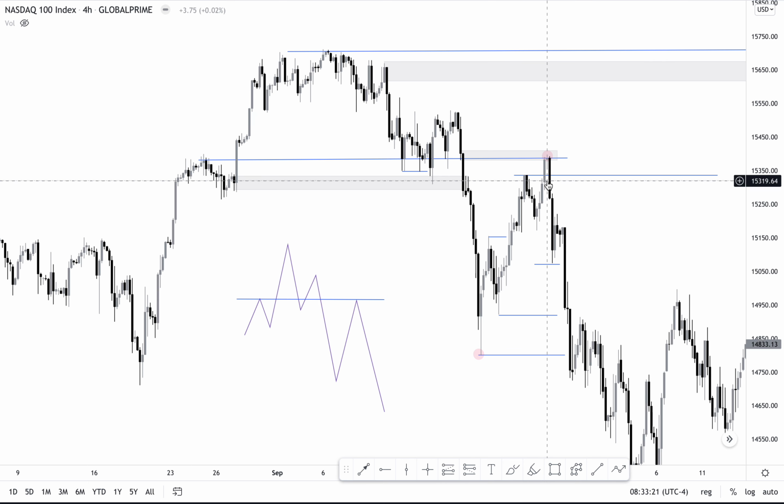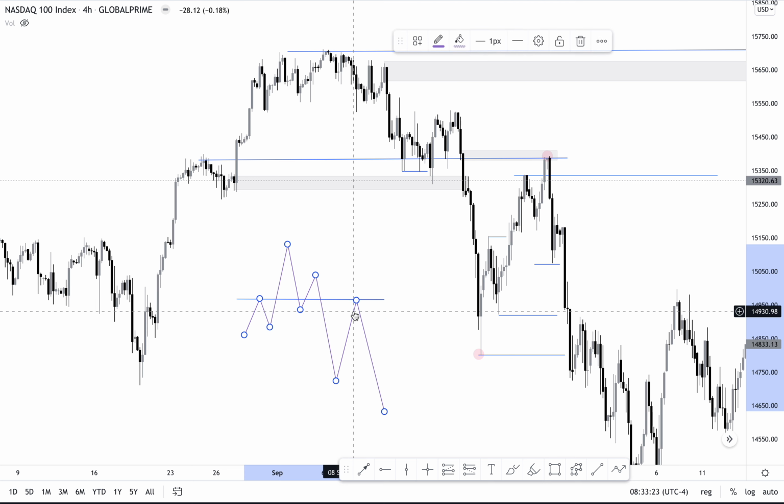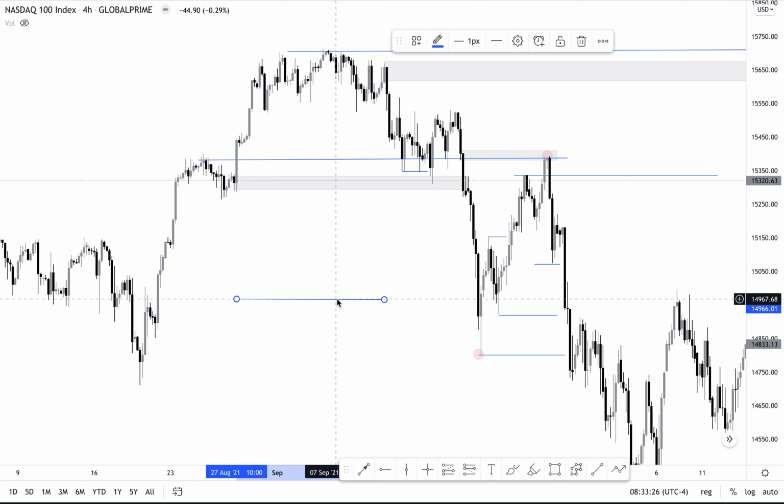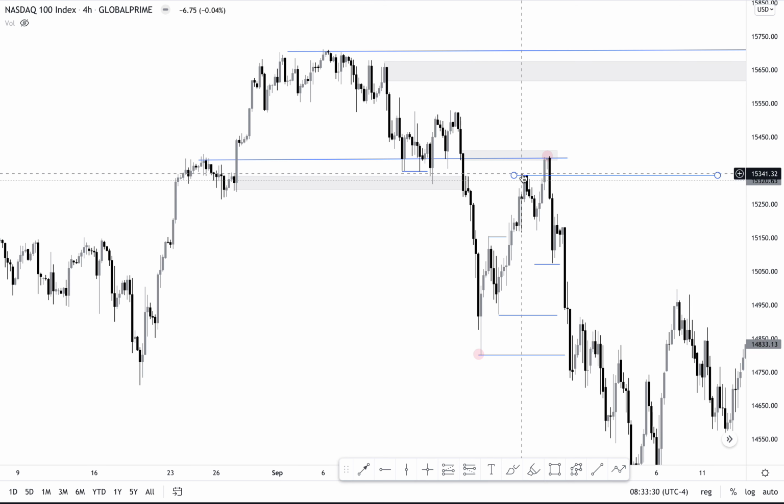But the only thing that you need to understand on the QML when you are trading QML, you need to know where is the edge of your QML, because here we have the high, we have the low, then we have the higher high. So you need to pay attention to that. Where is your higher high coming from? So if you know where your higher high is coming from, you're not gonna have a problem.